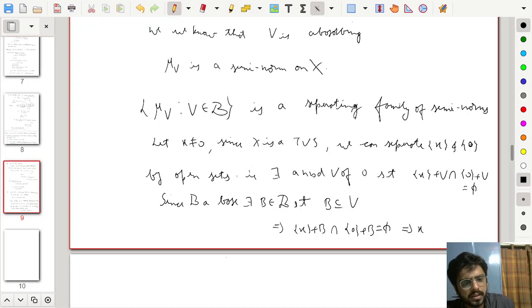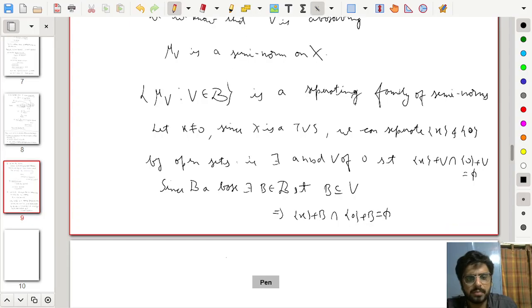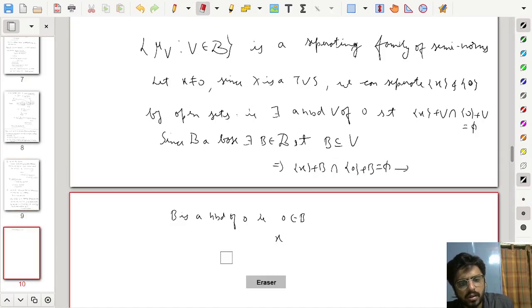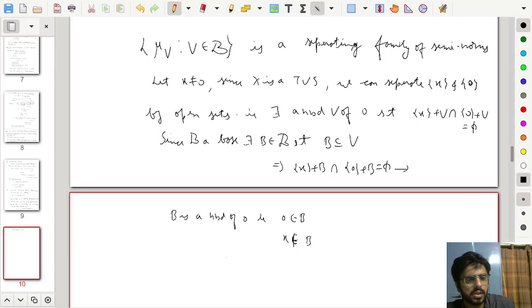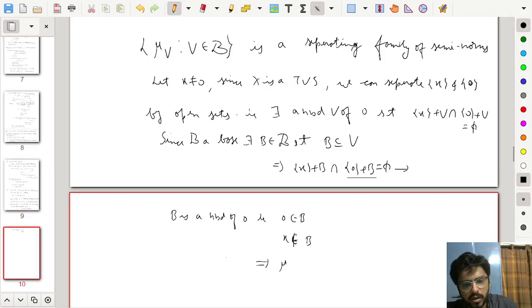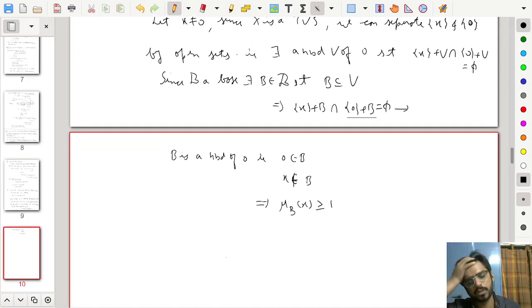Notice that this B is a neighborhood of 0, that is, 0 belongs to B, and from this it is quite easy to see that x doesn't belong to B, because x plus B intersection B is empty and we already know 0 belongs to B. This implies mu B of x has to be greater than or equal to 1.